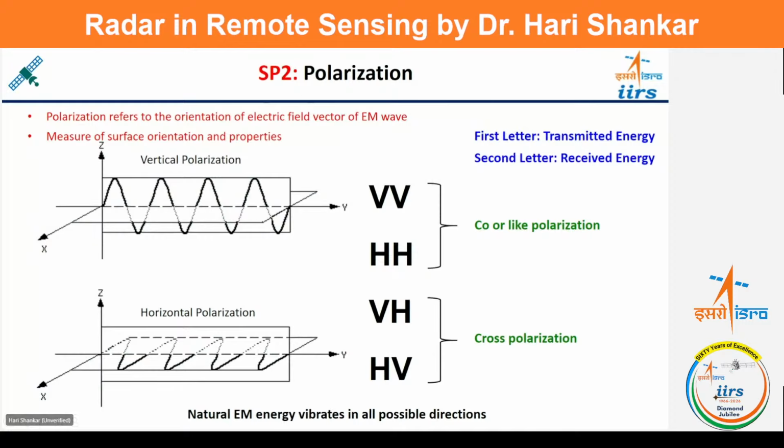So the first letter is the transmitted radiation, and the second one is the received radiation. So you can have horizontally transmitted, horizontally received; horizontally transmitted, vertically received; vertically transmitted, horizontally received; and vertically transmitted, vertically received. So there are four combinations.